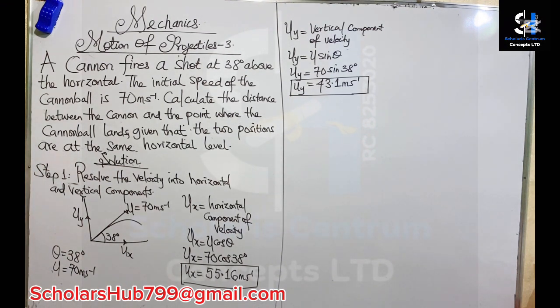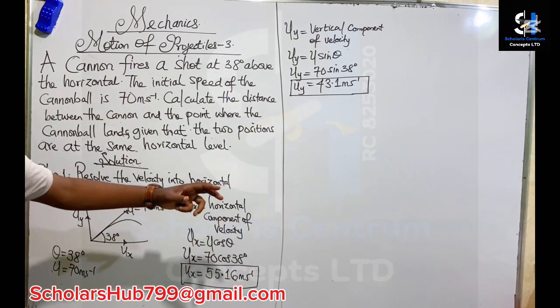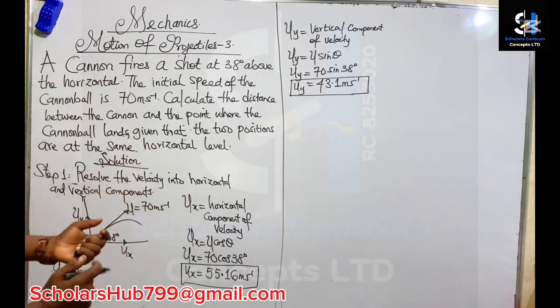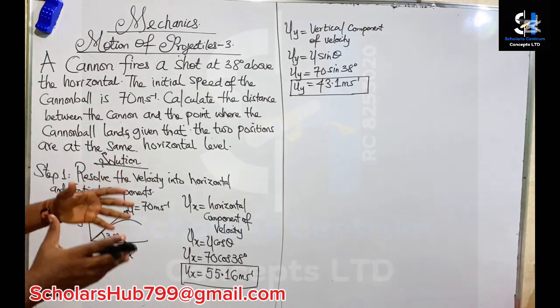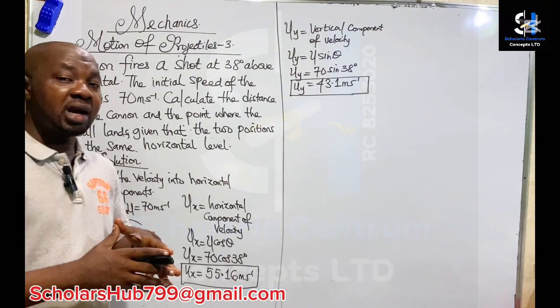Now we want to calculate the distance between the cannon and the point where the cannonball lands, given that the two positions are at the same horizontal level. We need to manage the space, so I'm not going to draw any diagram. What we need to do right now is to calculate the time of flight.